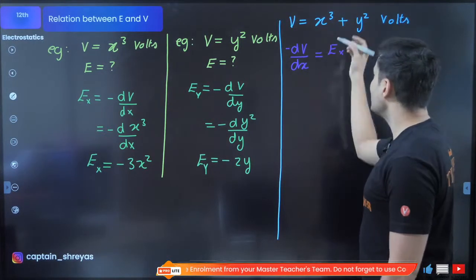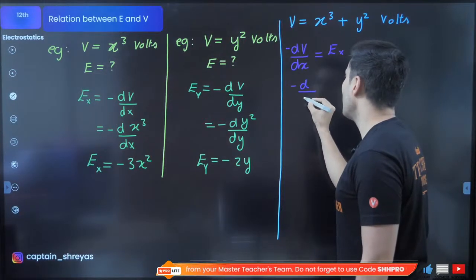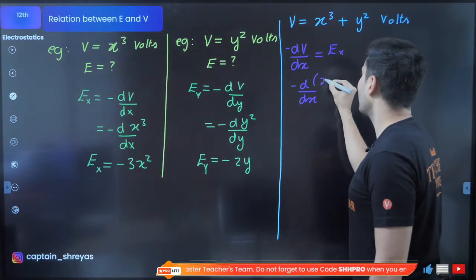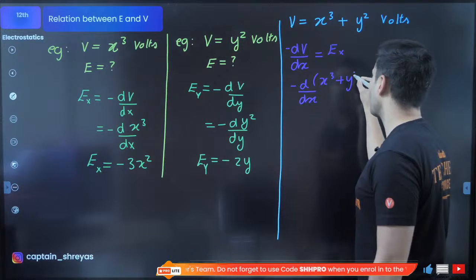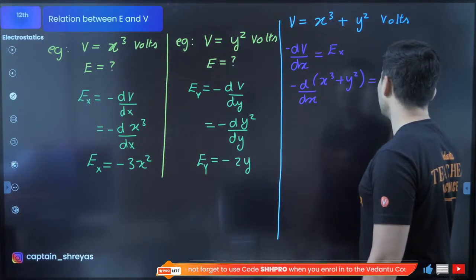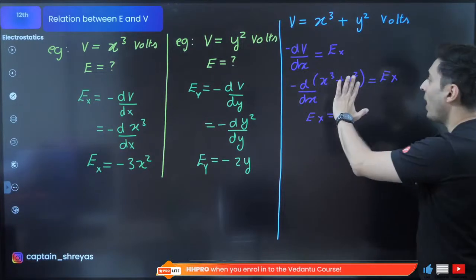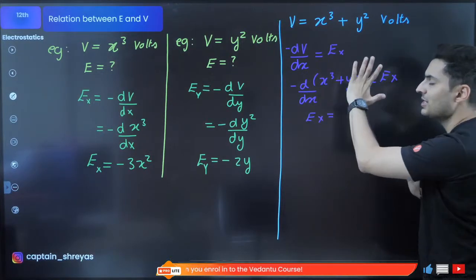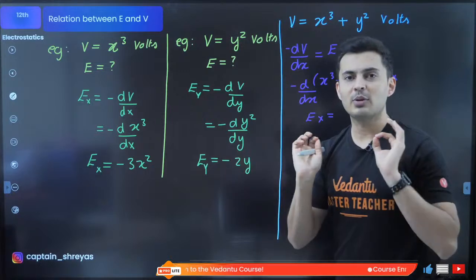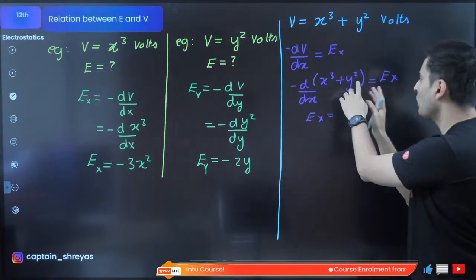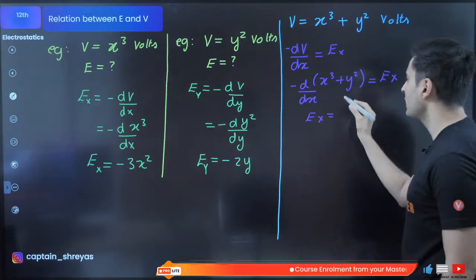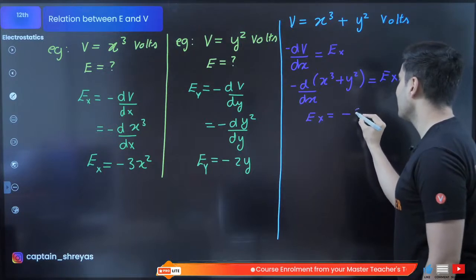So when I differentiate this, minus d by dx of x cube plus y square, this is going to give me Ex. Hold on, y is a constant, I am just differentiating with x. Everything apart from x is a constant. Just treat y as a constant, the derivative of a constant is 0, so it will be nothing but minus 3x square.